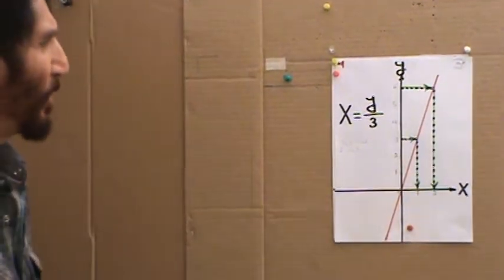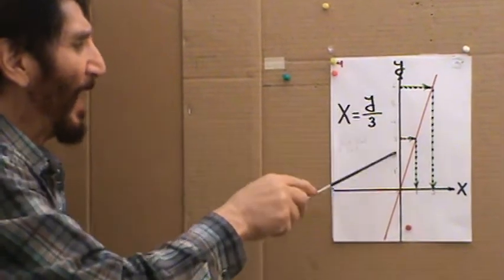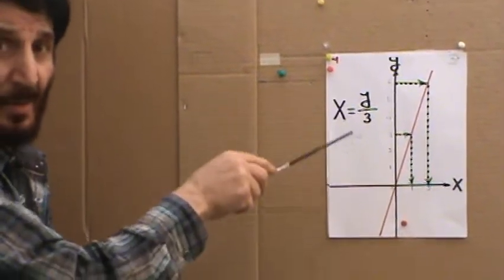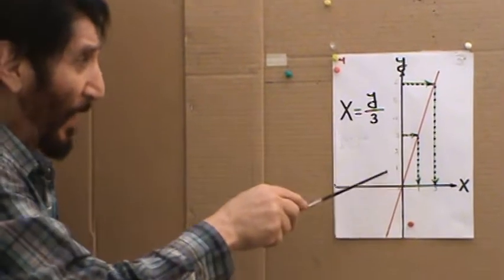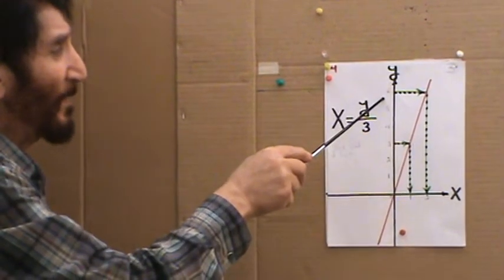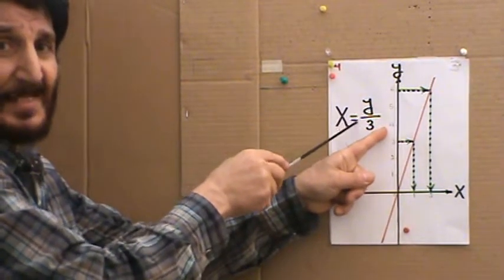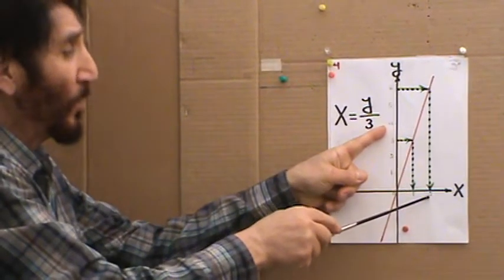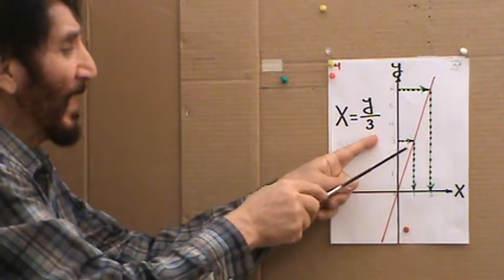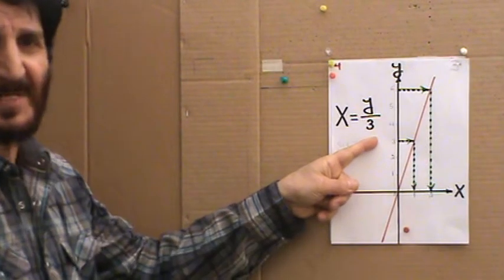Okay, here, as you notice, I have selected my values from the vertical number line, from the y-axis, and look, when y is 6, with respect to this rule of correspondence between x and y, the x will be 2. When y is 3, the x will be 1, exactly like the previous one.